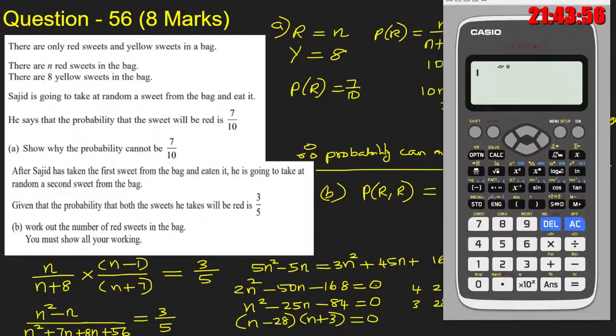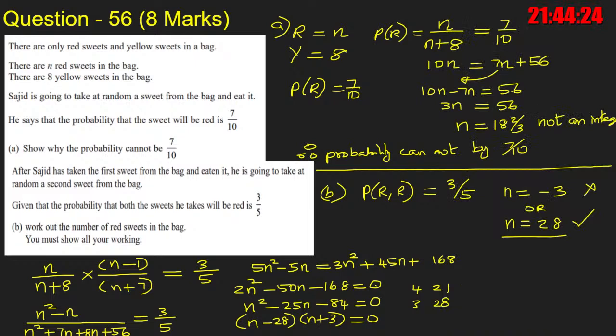In this calculator, you need to press the menu and use the arrow key to go to the equation, polynomial, degree 2, and a equals 1, minus 25 is the B, and minus 84 is the C. If you press equals, x1 is 28 and x2 is minus 3. So that is how to find out the answer.